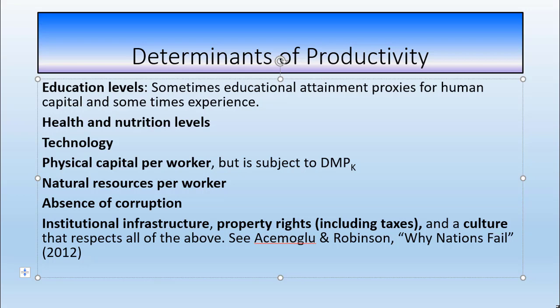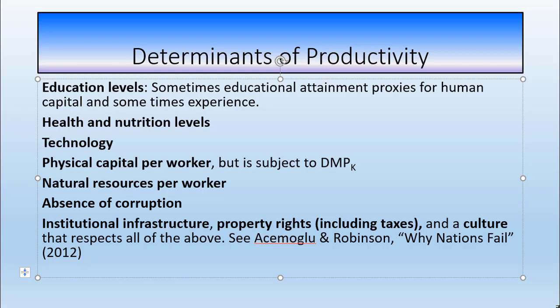So some politicians look at the tax system as a way to confiscate the wealth of individuals. And so property rights, including the effects of taxes, I think are important. And the motivation for strong property rights is fairly straightforward. People are not going to invest a lot of time and money in various projects and products only to have it confiscated on them. So property rights are an important underlying feature of a strong economy.